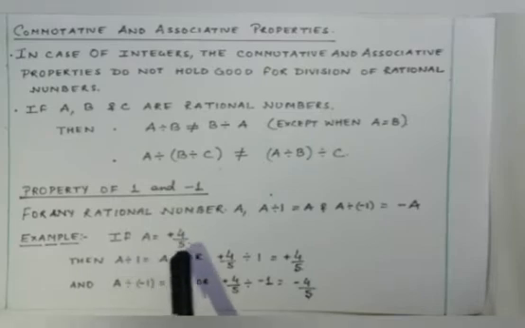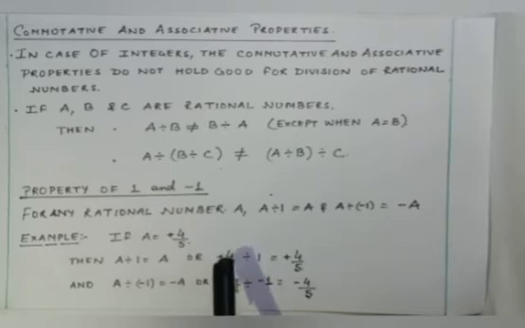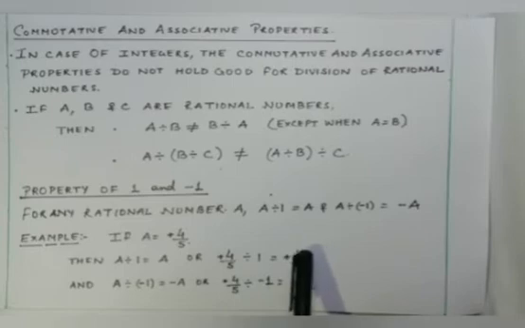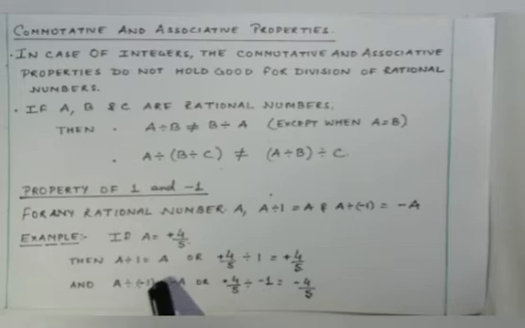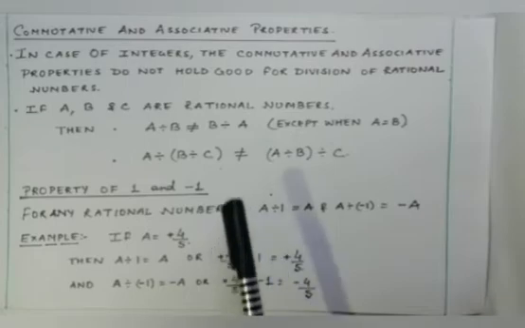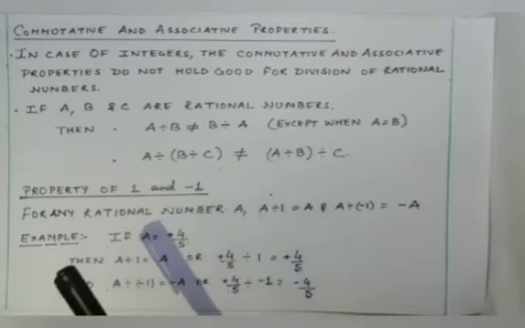Now we are going to put the value of A. Plus 4 upon 5 divided by 1 is equal to plus 4 upon 5. Second case, A divided by minus 1 is equal to minus A, so 4 upon 5 divided by minus 1 is equal to minus 4 upon 5. I hope it is clear to everyone.